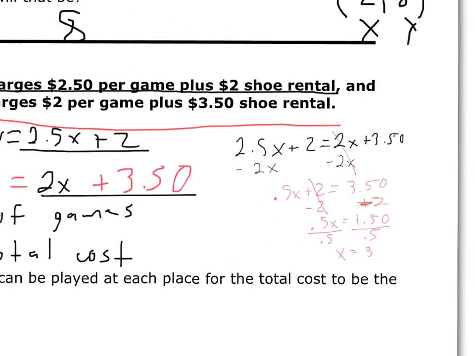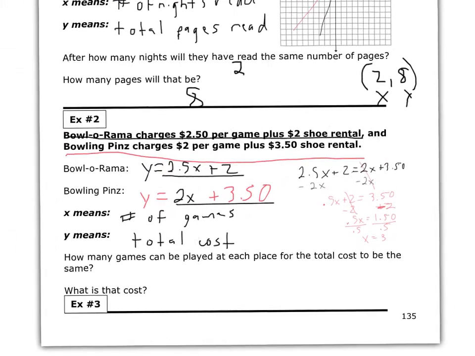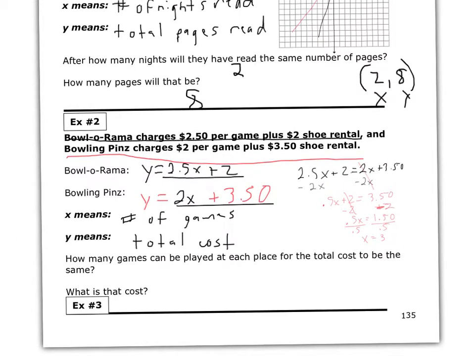Okay, so we know that our x value is 3, so that already gives us one of our answers to our question down below. So it says how many games can be played at each place for the total cost to be the same. So when you solve those equations, you set them equal, that's going to give you how many games, or the x. So we know that when the prices are equal, they will have played 3 games.